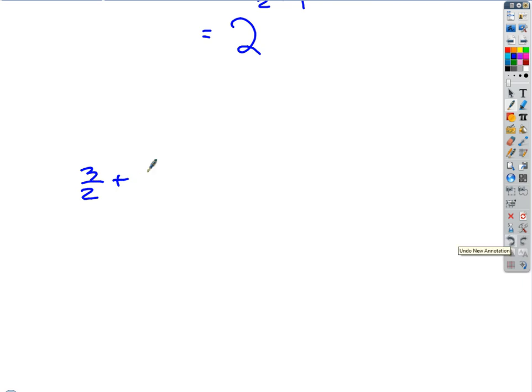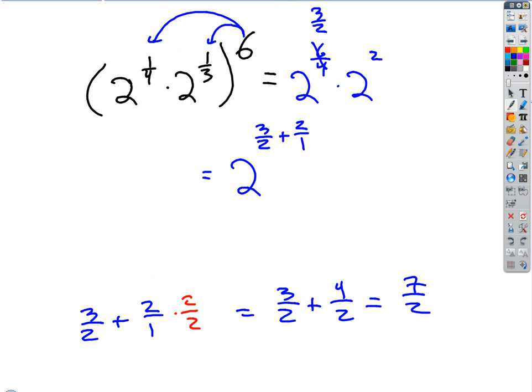So I multiply by 2 over 2, which gives me 3 over 2 plus 4 over 2, which equals 7 over 2. So my answer is 2 to the 7/2.